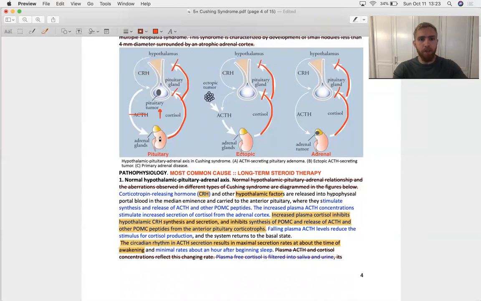Now, if you have a pituitary tumor, what that means is that this tumor is going to be making so much ACTH that cortisol is really not going to feedback inhibit it at all. So blood ACTH is going to be very high in the setting of a pituitary ACTH secreting tumor.